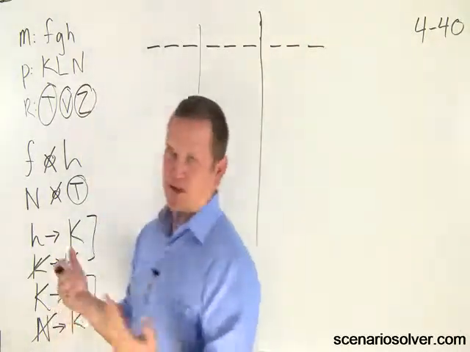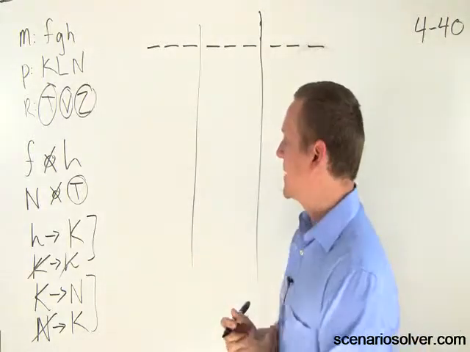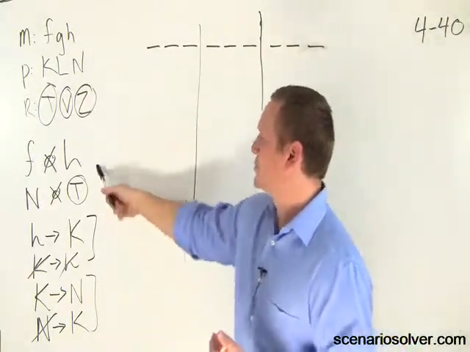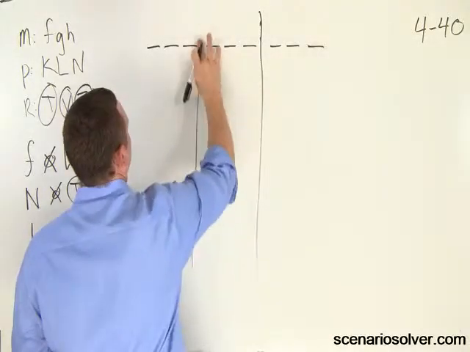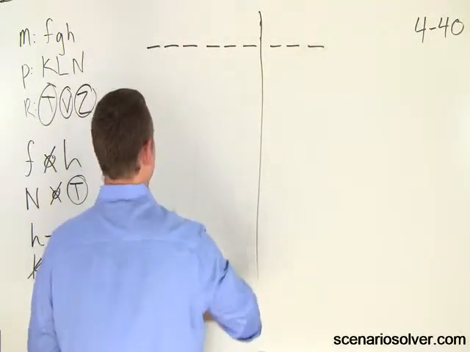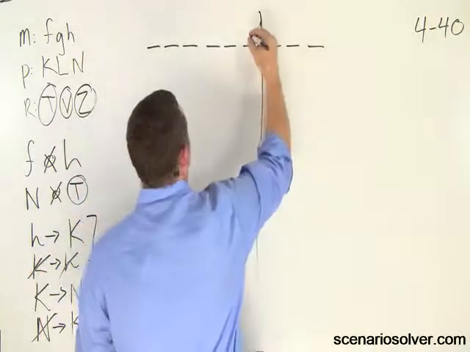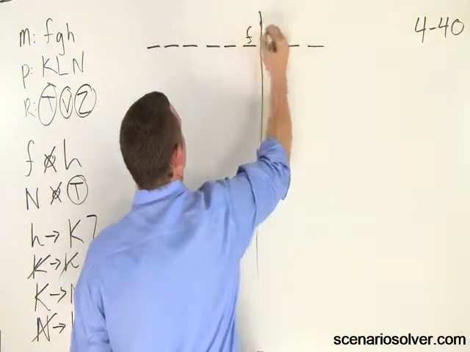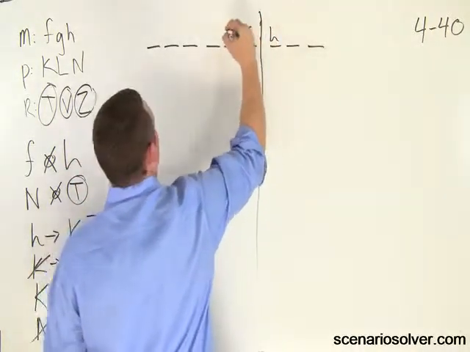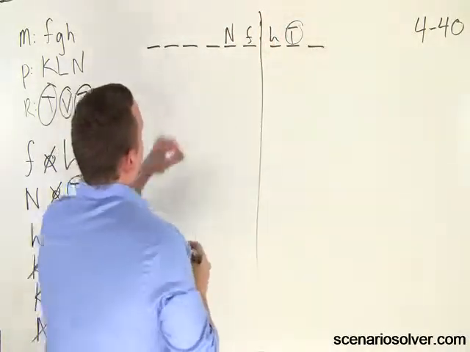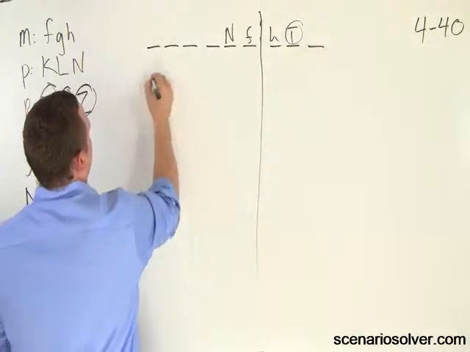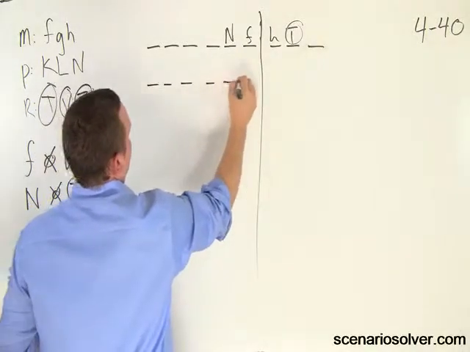All right, and so let's just kind of see what can happen. I would work with the exclusion rules. F can't be with H and N can't be with T. So let me just kind of get this. If F can't be with H and N cannot be with T, okay? All right, so let's come down here. Let's look at this a little bit more.